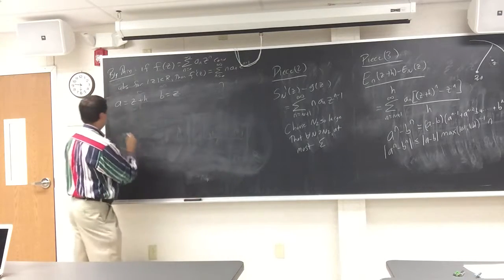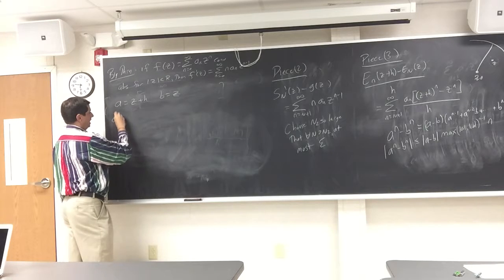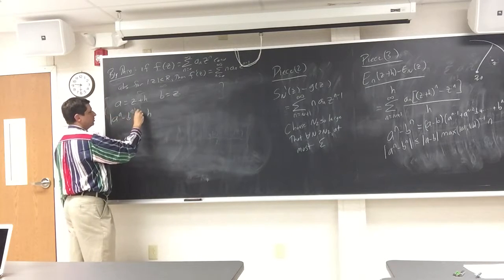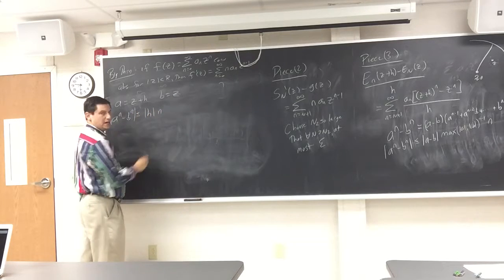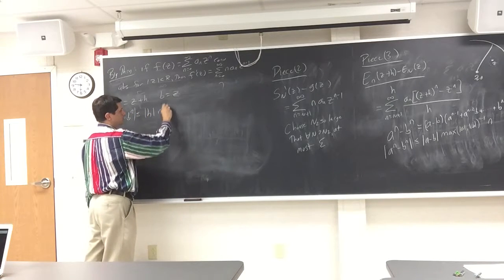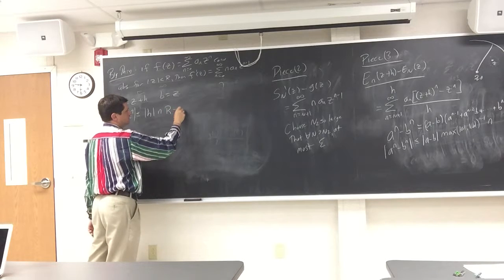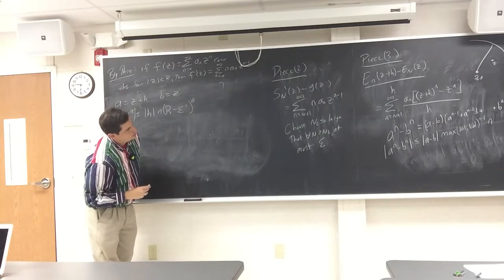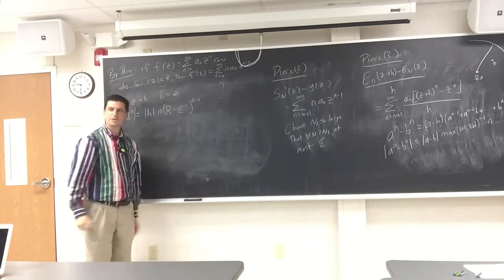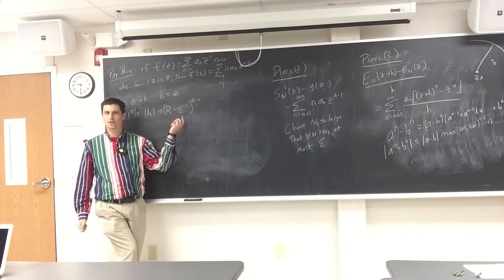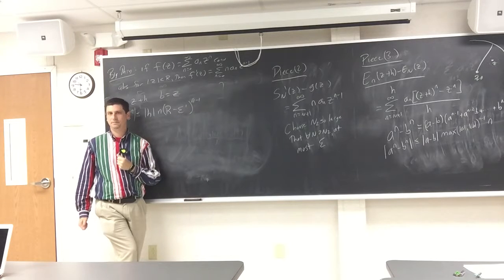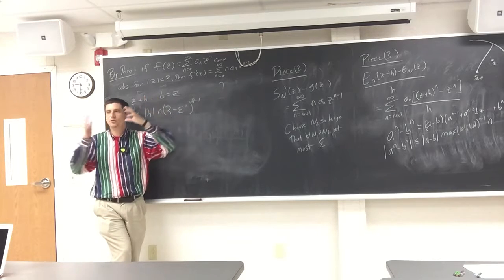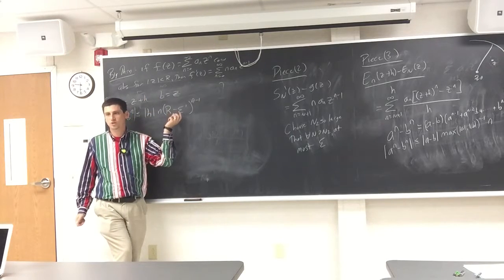And so when we look at a^n minus b^n, this is going to be in absolute value less than or equal to h times n times (r minus epsilon prime)^(n-1), where r is the radius of convergence. It will be a little bit less than that. And this epsilon prime will be independent of how small h is. As we make h smaller and smaller, this bound will still work.